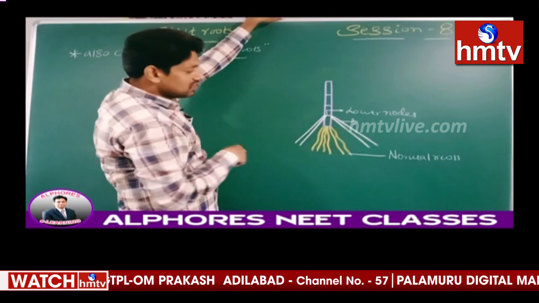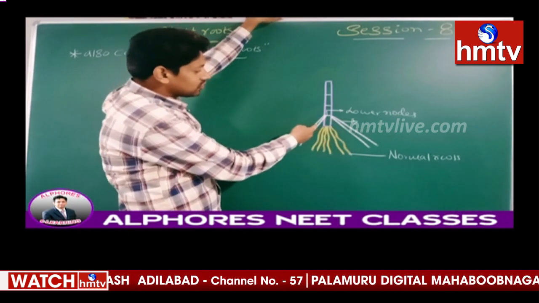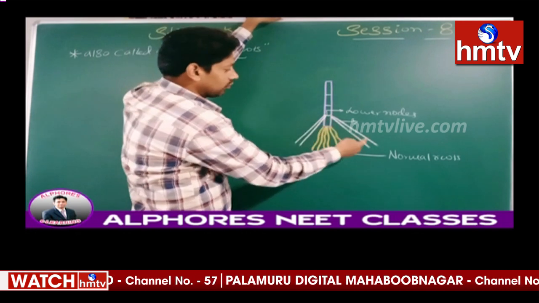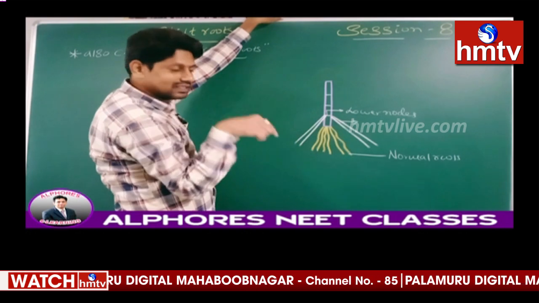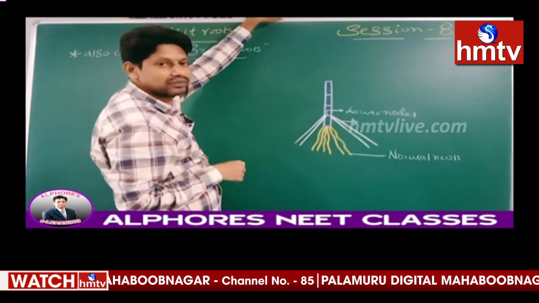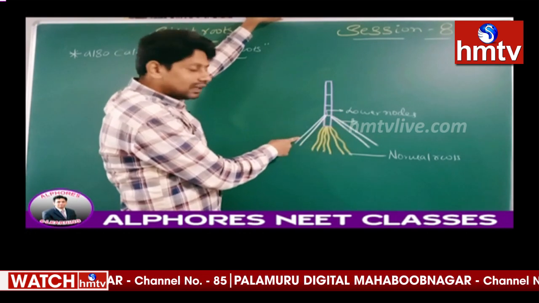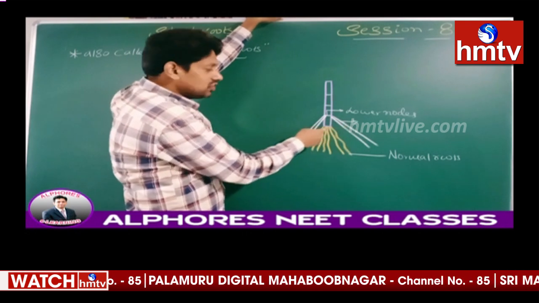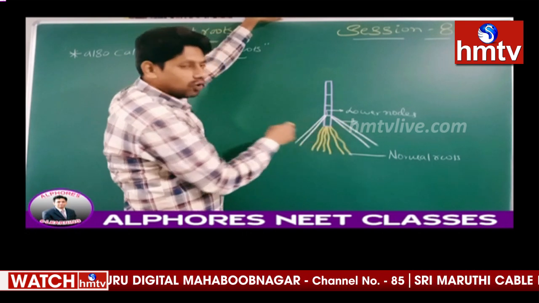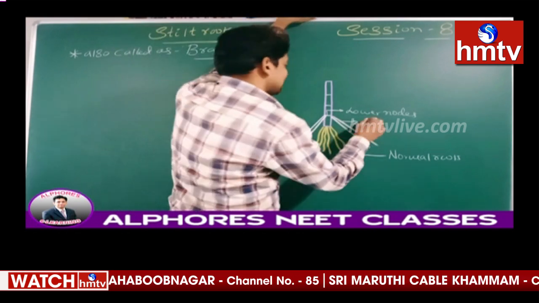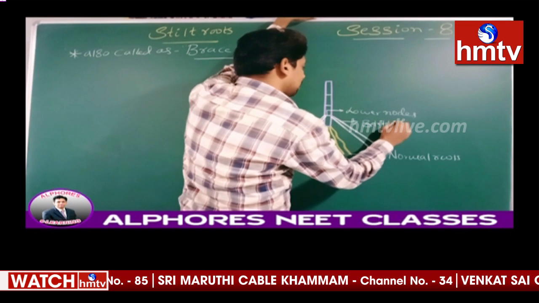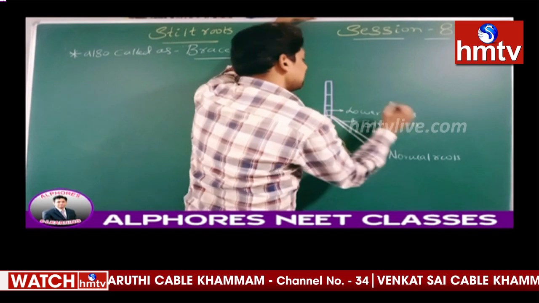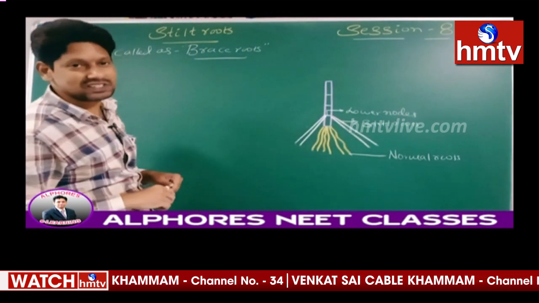Sir, these aerial adventitious roots are growing obliquely downwards. See the diagram, how they are growing obliquely. They are not growing vertically, they are growing obliquely. These aerial adventitious roots which are growing obliquely downwards are called what, sir? Stilt roots. They are called stilt roots.